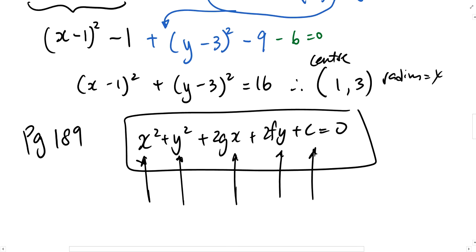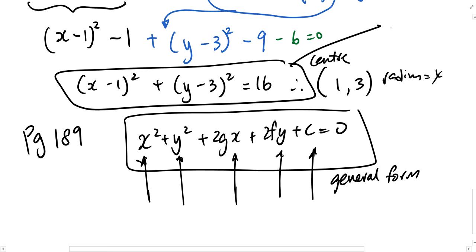I have taught you how to convert this by completing the square back to the first equation that I taught you, which is known as the standard form. This one is known as the general form. This completed square one is known as the standard form. They are just names, okay?